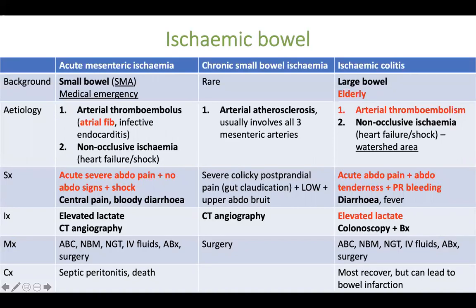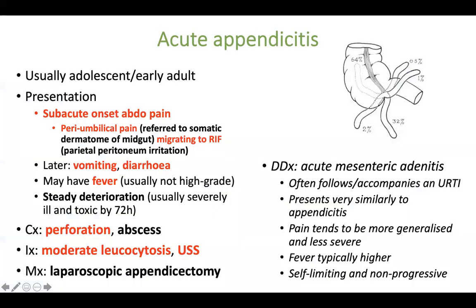How you tell the difference clinically is that in acute mesenteric ischemia, the pain is disproportionate to the clinical signs. When you palpate them they're okay, but they complain of severe abdo pain and they're shocked. Whereas in ischemic colitis, there is abdominal tenderness and there is PR bleeding as well. Oh, you get that in both though. And you typically get an elevated lactate because of the ischemia. So that's ischemic bowel.